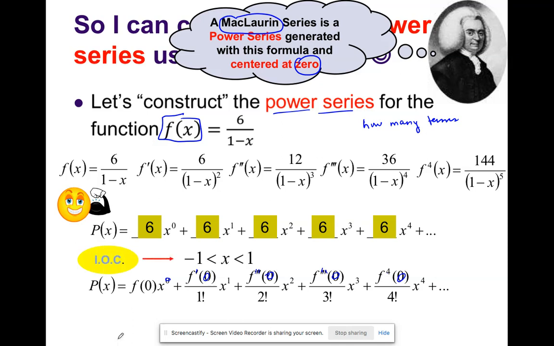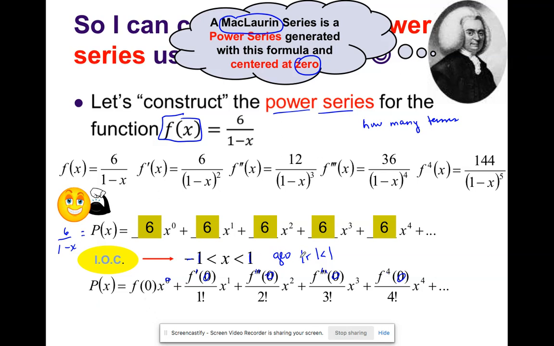Oh, don't forget the interval of convergence. This polynomial is exactly equal to 6 over 1 minus x on the interval -1 to 1, because it really was geometric, where r is, right? That's where the interval of convergence came from.